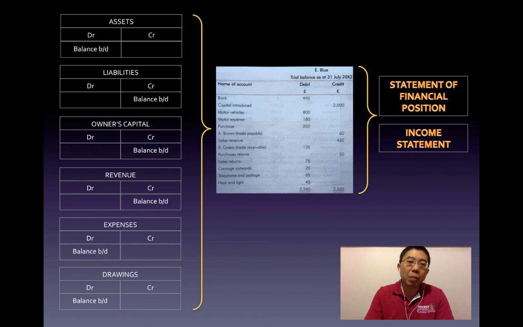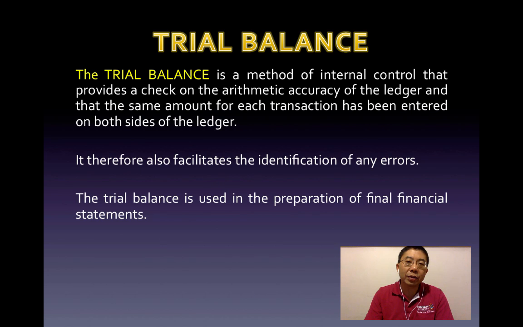So I want to talk a little bit more about the trial balance. The trial balance is a method of internal control. It's to basically check the arithmetic accuracy, the mathematical accuracy of the ledger balances, and whether we have posted all the transactions in the right manner in the appropriate side of the ledger.